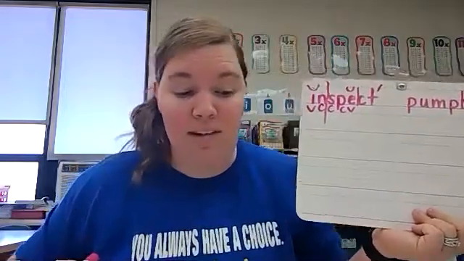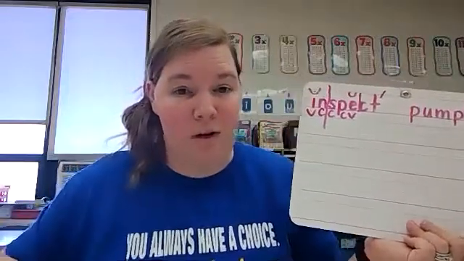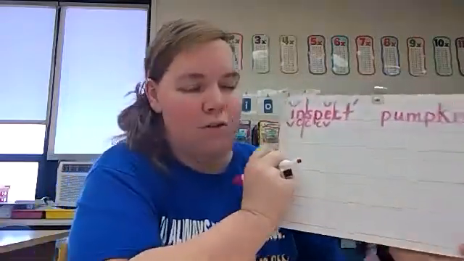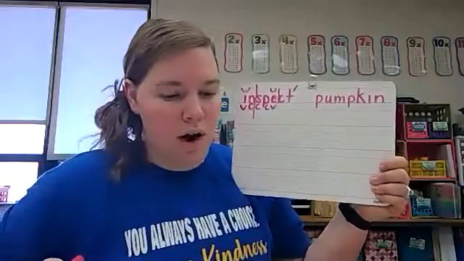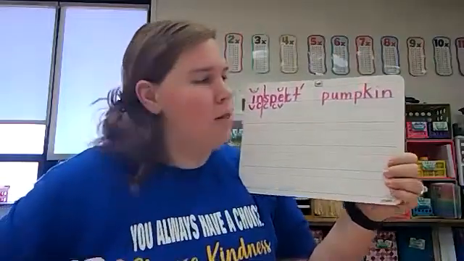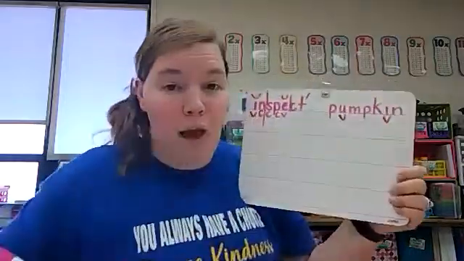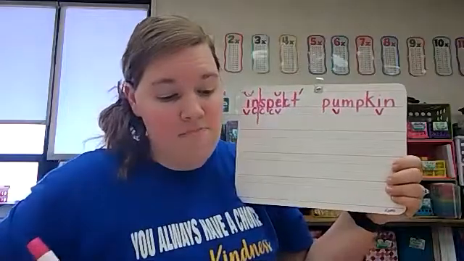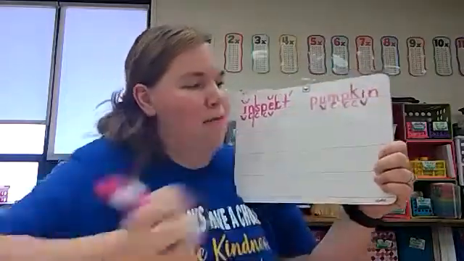So you have to just try each one until you get it right. Sometimes the VCCCV patterns are going to divide the last two consonants, not the first two. So let's try that. Okay, here's another word on my board. Let's find the vowels. We have two vowels, the U and the I. There are three consonants in between the vowels.